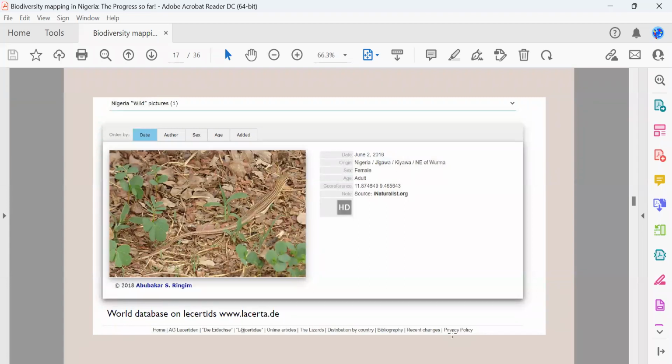It is the German Society for Herpetology and Herpetoculture. They were interested in basing the distribution and abundance of lizards at the global level, so they were interested to curate this record into their database. They sought my permission, and I gave them the permission, and it is there on their database. You can see this is a screenshot of their record from their database.